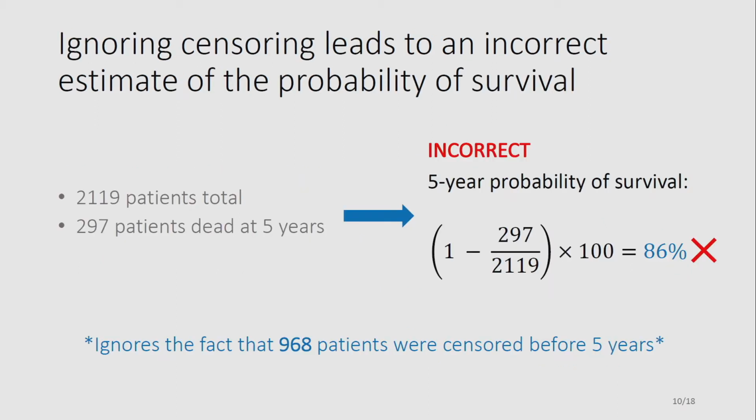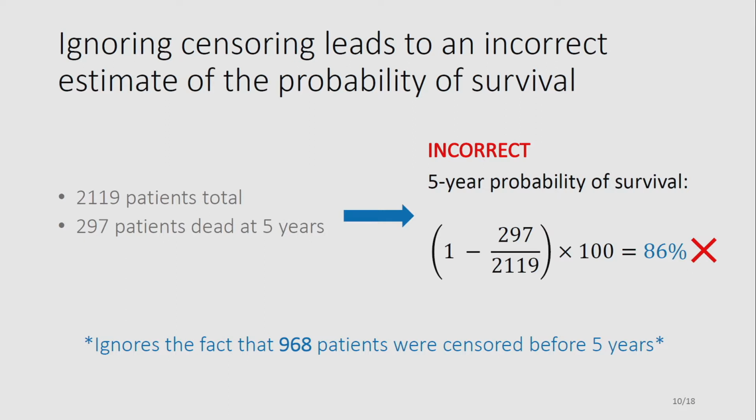This is a quantity that is commonly calculated incorrectly. You'll see this in the literature all the time. If someone doesn't know there's a time component to their data or doesn't know the right way to analyze it, a common way to estimate this incorrectly is just to do what we did in our simple example where there wasn't any censoring. Say, in this example, we had 297 patients who were dead at 5 years.